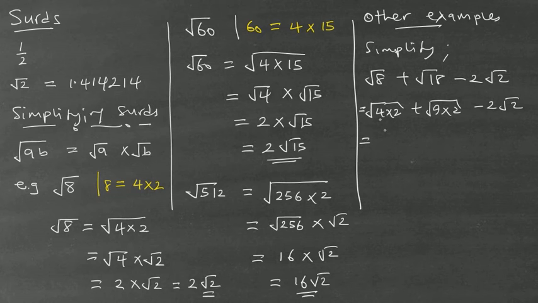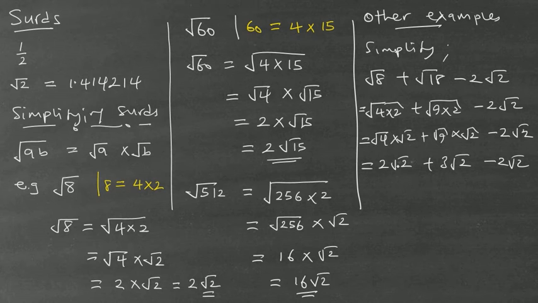When we expand, this is the same as root 4 times root 2 plus root 9 times root 2 minus 2 root 2. This will give us 2 root 2 plus 3 root 2 minus 2 root 2.